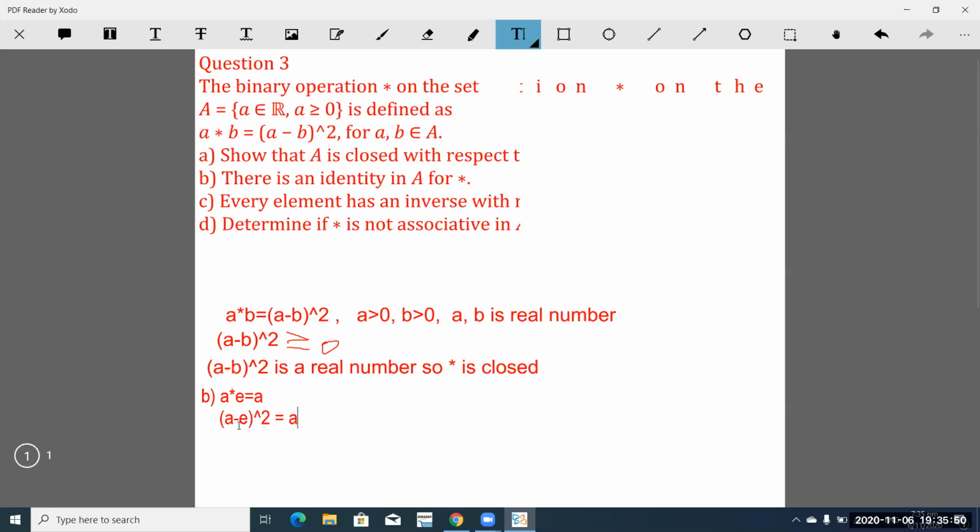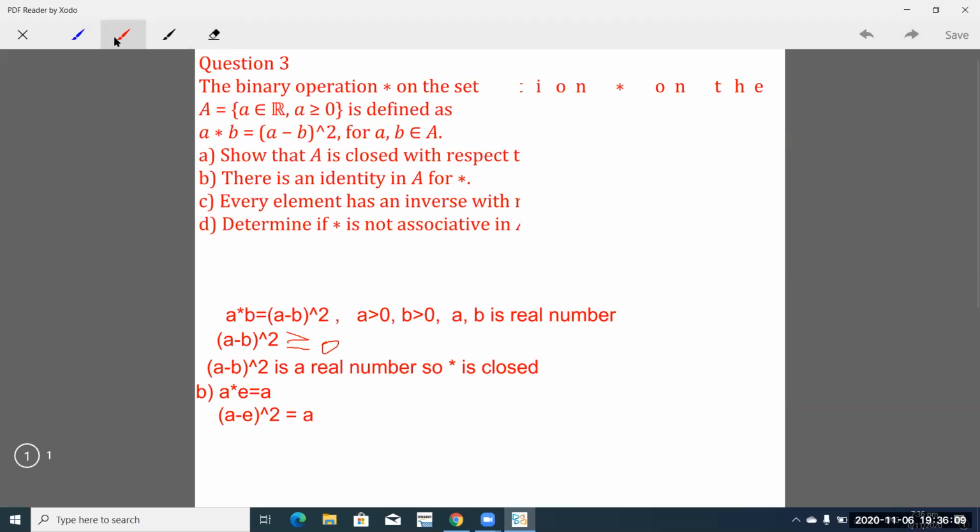So how are we going to make E the subject from this? First you have to square root. Very good.